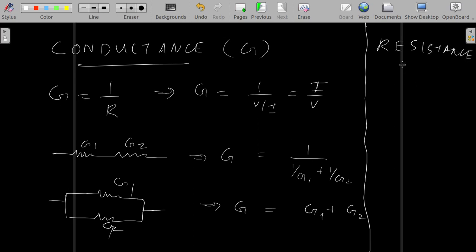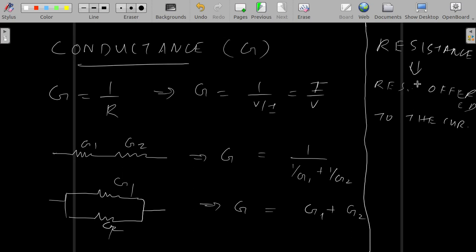Of course, it is a property of the material, but what is resistance? It is the resistance offered to the flow of current.